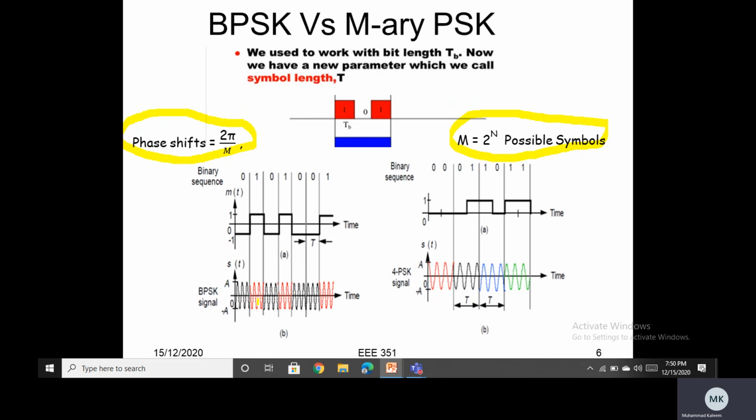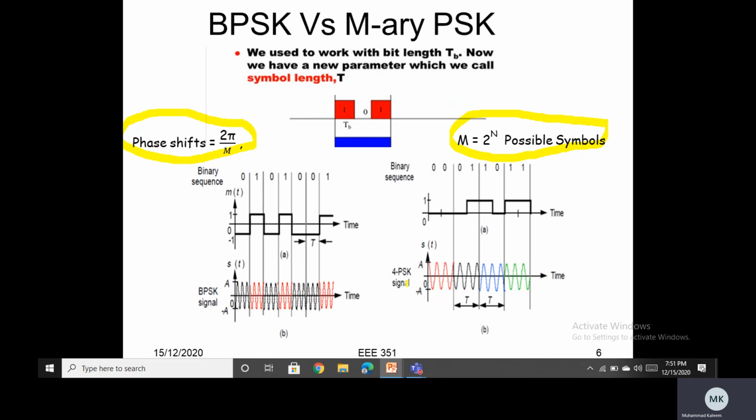So the next symbol or wave is generated at 180 degree phase shift to represent 1, and then again at the symbol transition time there is an abrupt phase change, and again 180 degrees to represent symbol 1 again, because in binary we have only two symbols, so two colors are used. One is for symbol 0 and the other is for when you are transmitting 1.